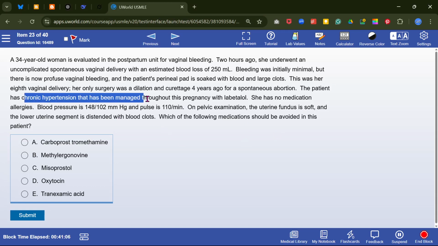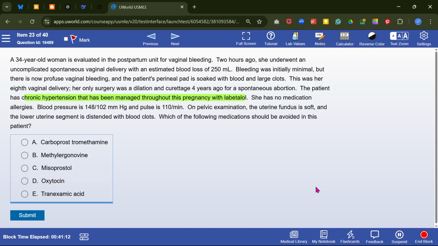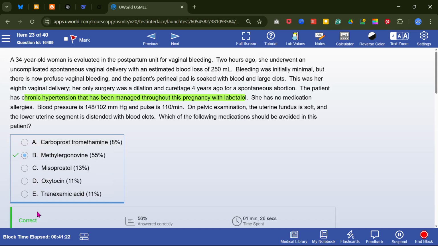She has chronic hypertension. Yes. Then we should not give one drug. Ergometrine, yes, maybe. You are on the right track.